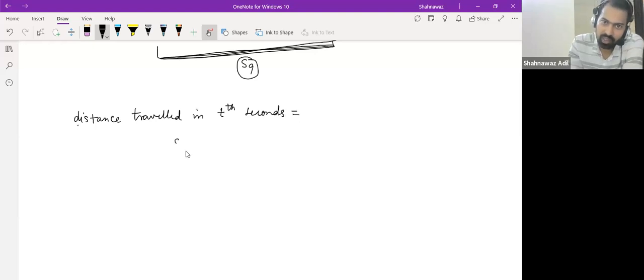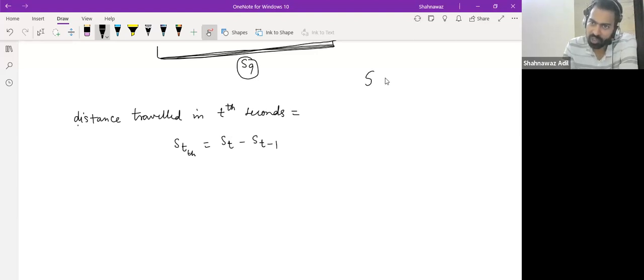So this would be S_tth, and this is S_t minus S_(t-1). So from the second equation of motion, S_t is what? ut plus half a t square.